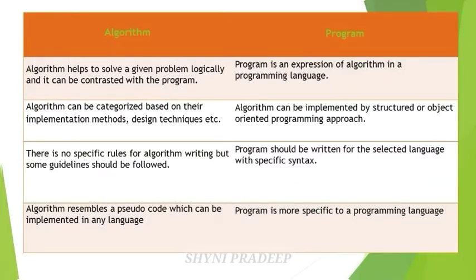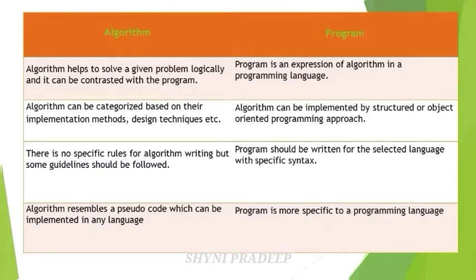So an algorithm is a set of instructions to perform a specific task in a logical way. Whereas a program is also a set of instructions to perform a specific task by using a programming language. When comparing algorithm and program, which one is easy to understand?